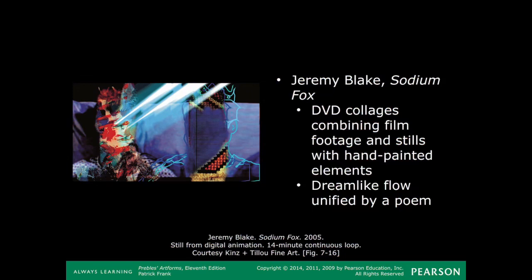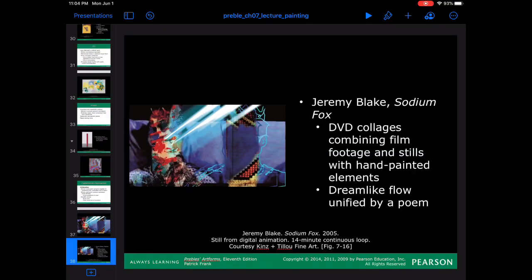The piece is called Sodium Fox, made in 2005. It's a still from a digital animation, a 14-minute continuous loop. It is a DVD collage combining film footage and stills with hand-painted elements. It has a dreamlike flow, unified by a poem. Very interesting. I had to look him up.